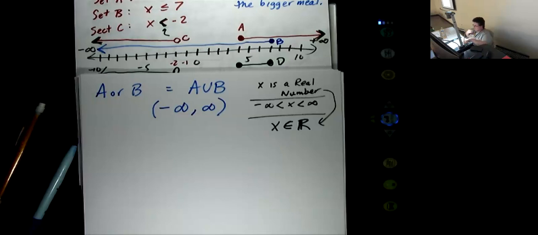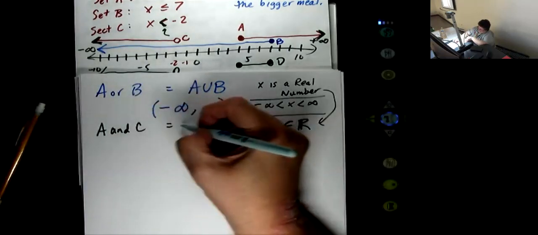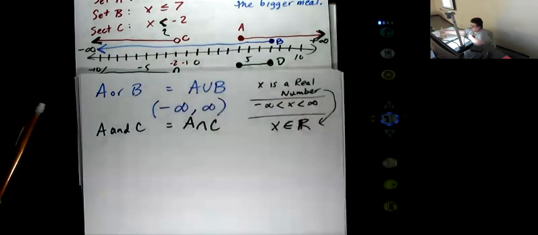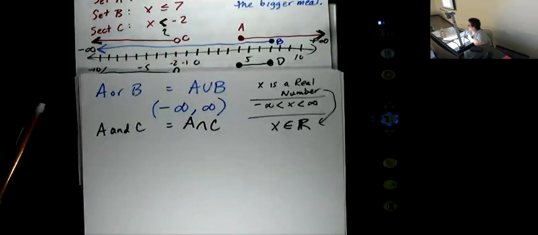If we look at A intersects C, we get a different story. A and C, which is A intersects C. The and means both lines need to be touching it. It needs to overlap both lines.